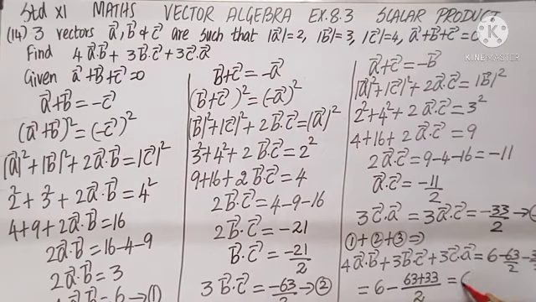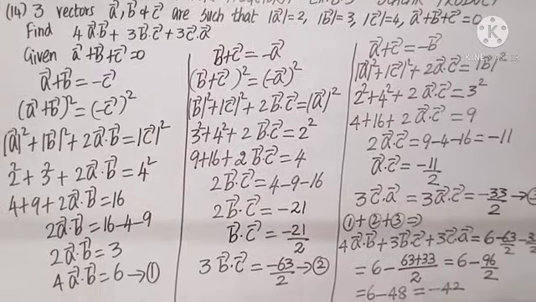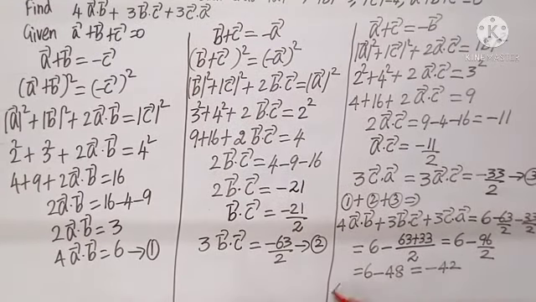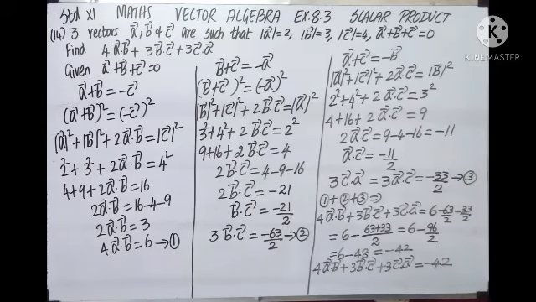We get 6 minus 96 by 2, or it is 6 minus 48, that is minus 42. Let us take and write the answer. 4 times A dot B plus 3 times B dot C plus 3 times C dot A equals minus 42, and hence the problem is solved.